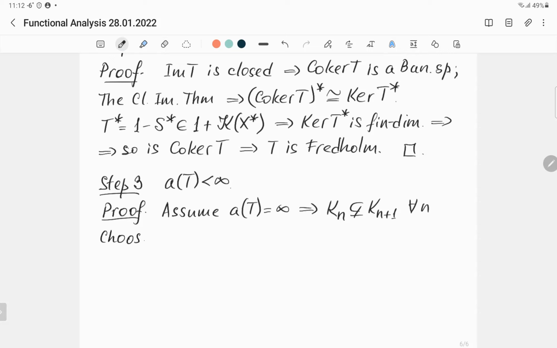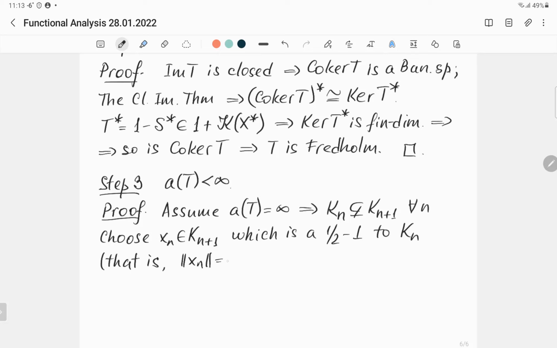Choose xn in Kn plus 1 which is 1/2 perpendicular to Kn. Let's recall that this means that the norm of xn is 1, and that the distance between xn and Kn is greater than or equal to 1/2.